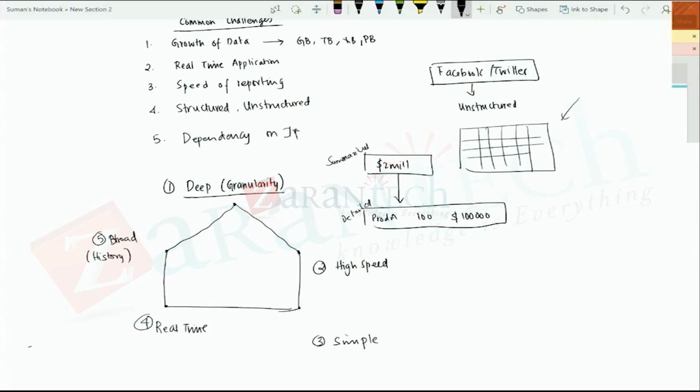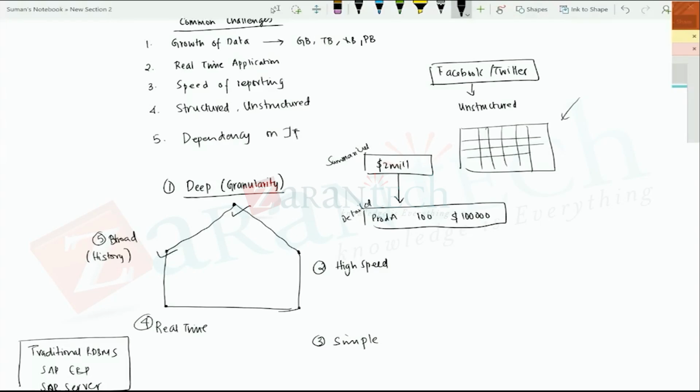If you look at the traditional RDBMS applications, traditional software, be it your SAP ERP, or non-SAP products like SQL Server, and so forth, they were able to provide deeper granularity. That is a given for them. They were able to store a large volume of information.